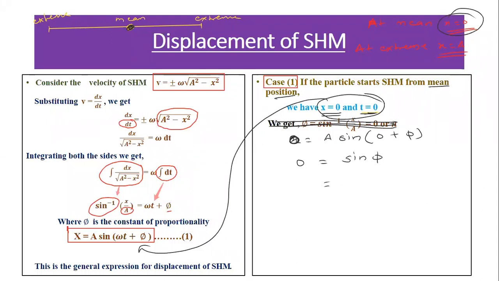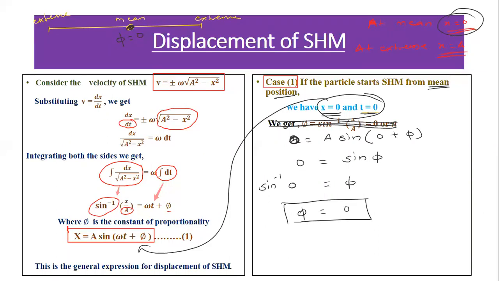So phi is equal to sine inverse 0. Sine of which angle is 0? Sine of 0 is 0. So you get phi is equal to 0. When the particle is at mean, phi is 0, that you remember.